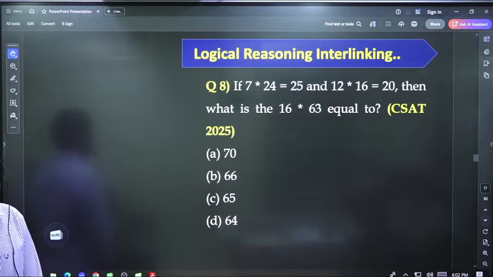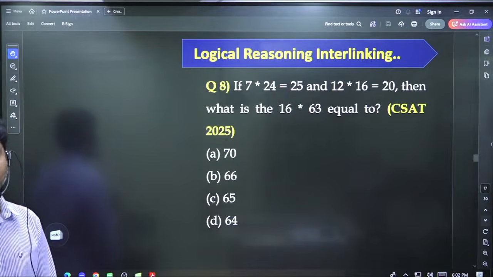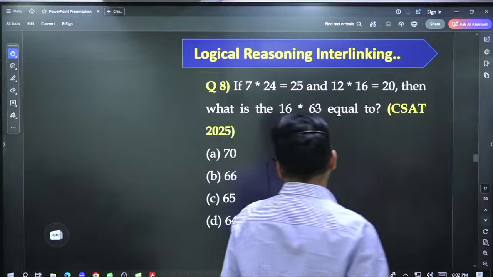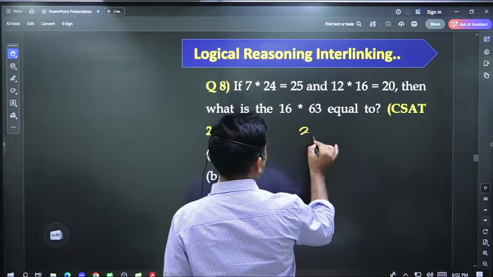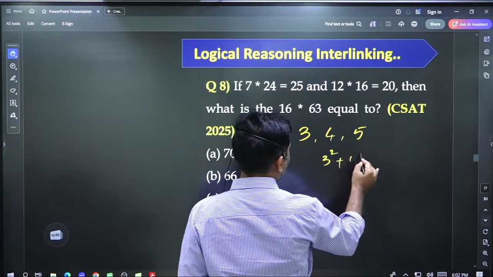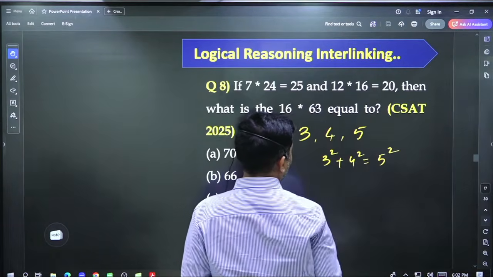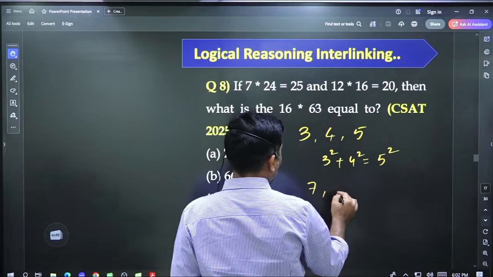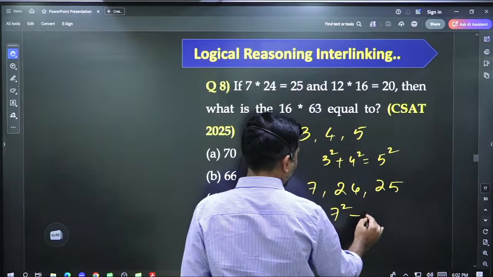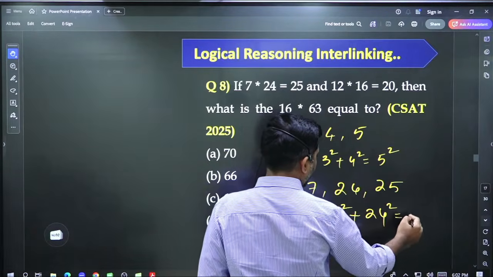Okay. In direction test or in basic triangles, we practice right angle triangle Pythagorean triplets. What is a Pythagorean triplet? You know, right? 3, 4, 5. What is 3 square plus 4 square? 5 square. 7, 24 and 25 is also a triplet. So they have given this logic.